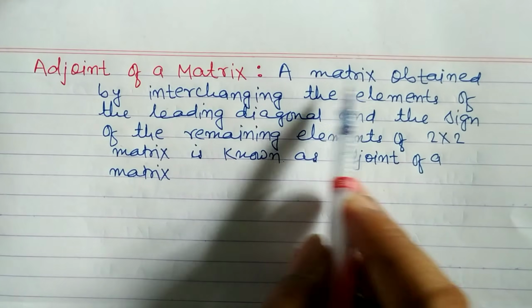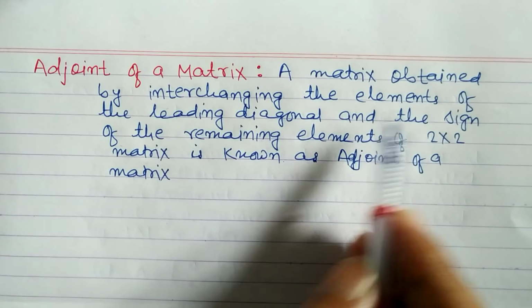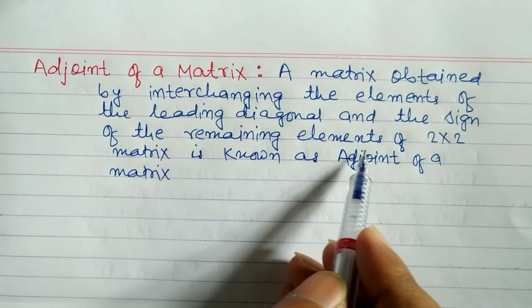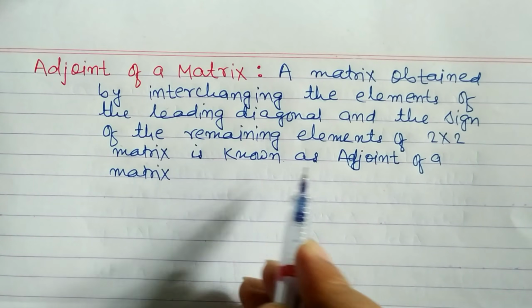Look at it properly. A matrix obtained by interchanging the elements of the leading diagonal. Leading diagonal means main diagonal, and the sign of the remaining elements of a 2 into 2 matrix is known as the adjoint of a matrix.